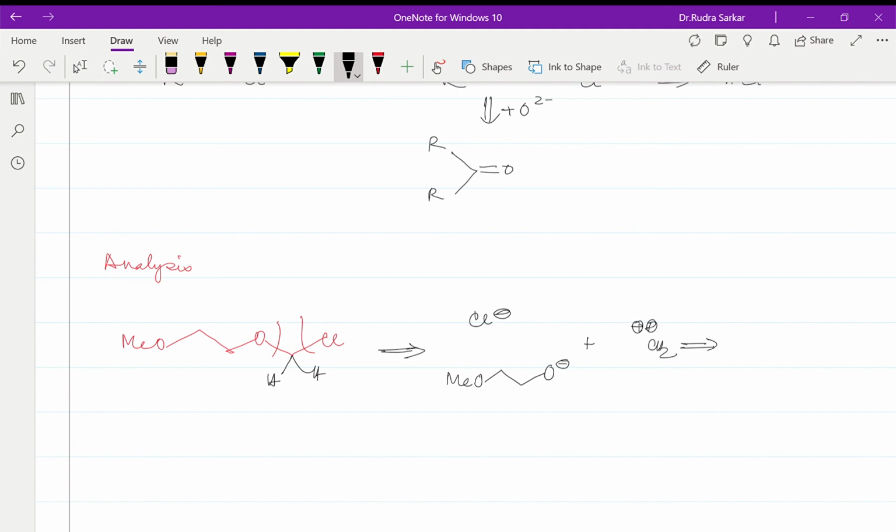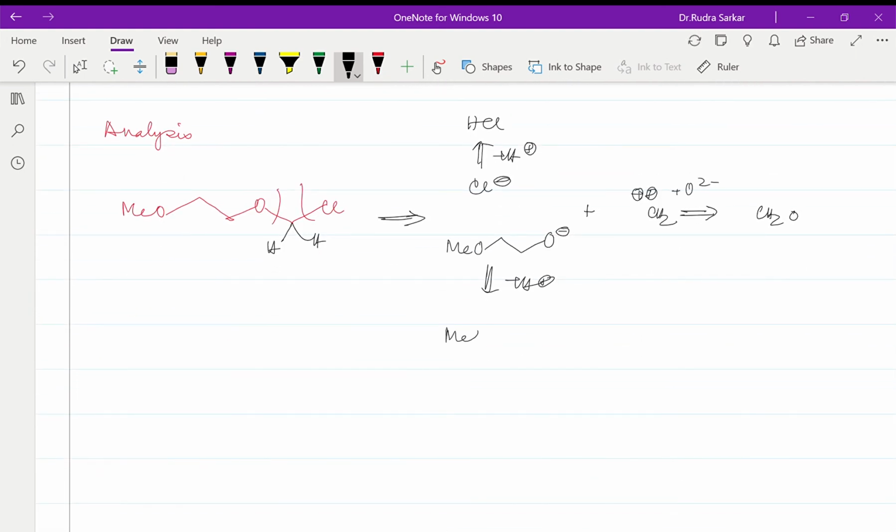Now to this we will add O2 minus, that becomes formaldehyde. From here, if we do H plus, becomes HCl. Besides that, if we do H plus over here, it becomes MeOCH2CH2OH.